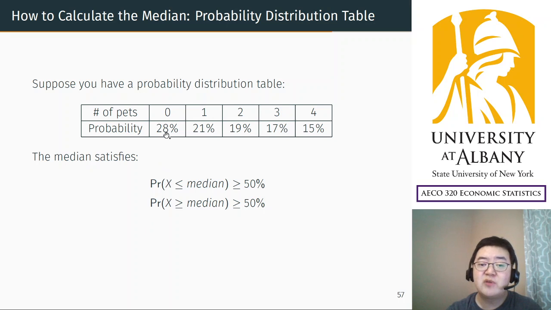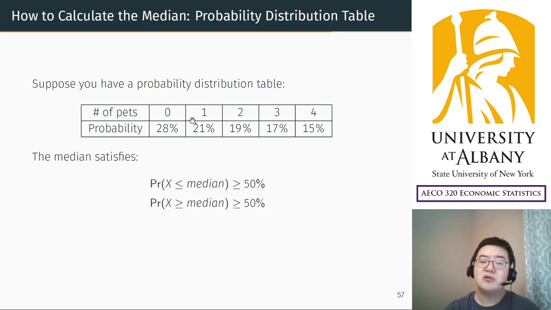So if the probabilities of these five outcomes were equal, then the middle will be easily 2. If the five outcomes are equally likely, then the middle value is easy to understand. But now the difference is it's more likely to be 0 than 4.